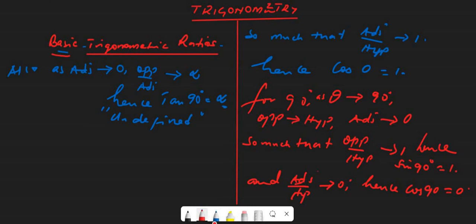It is from these ratios above that trigonometric ratio tables are drawn, and you can read answers just straight from there.